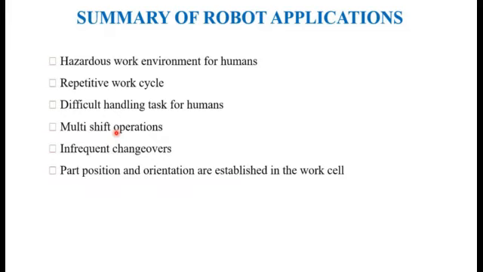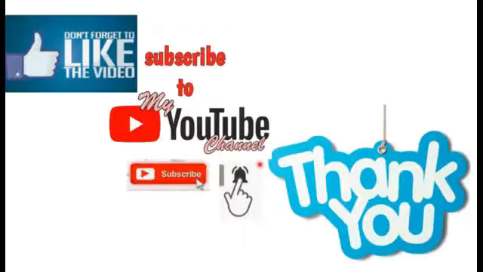Then infrequent changeovers, whenever there are infrequent changeovers in the scheduling or positioning of production, these robots are used. Then part position and orientations are established in the work cell. So these are the various points where robots can be used.